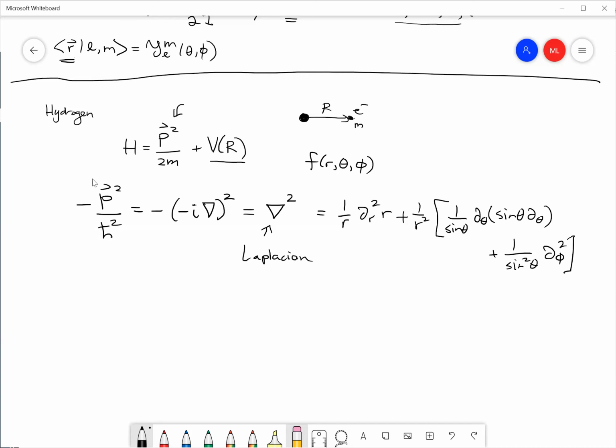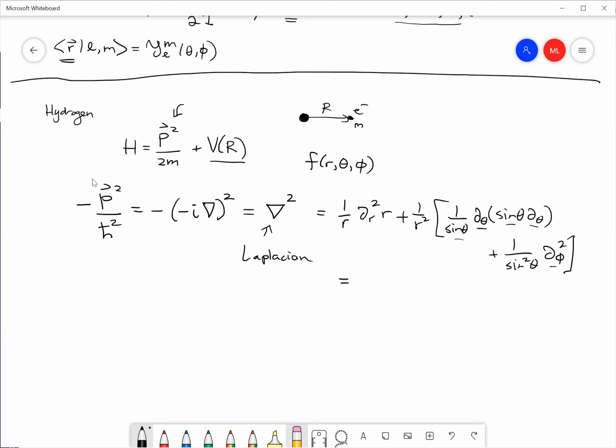So again, the way it works is, first you take a derivative with respect to theta, multiply by sine theta. You take all of that and differentiate it with respect to theta, and then you divide by sine theta. Here you take 2 derivatives with respect to phi and divide by sine squared theta.